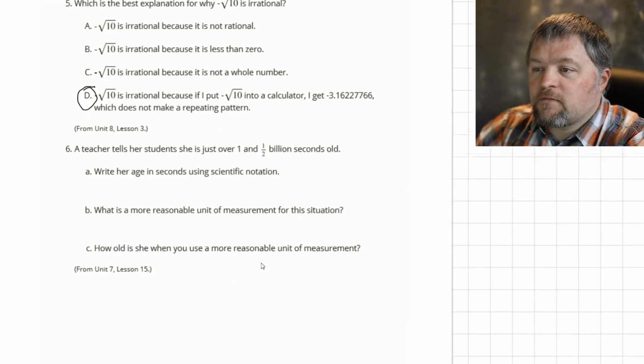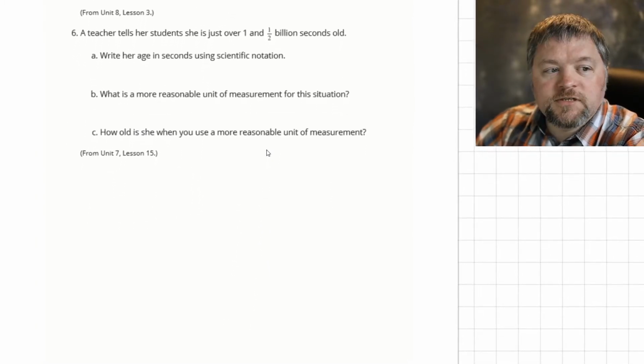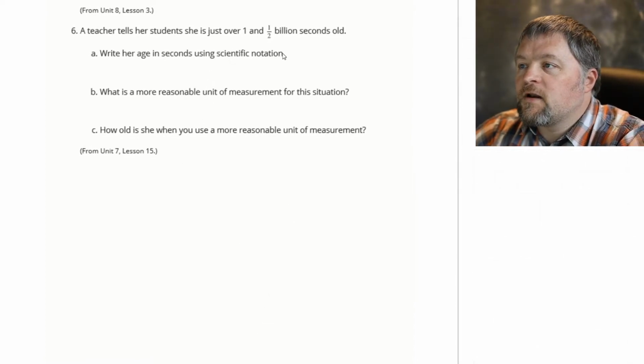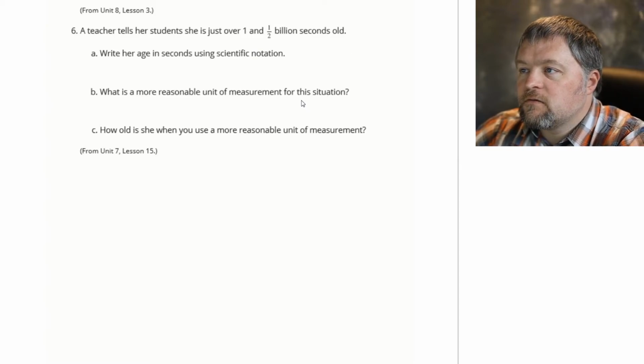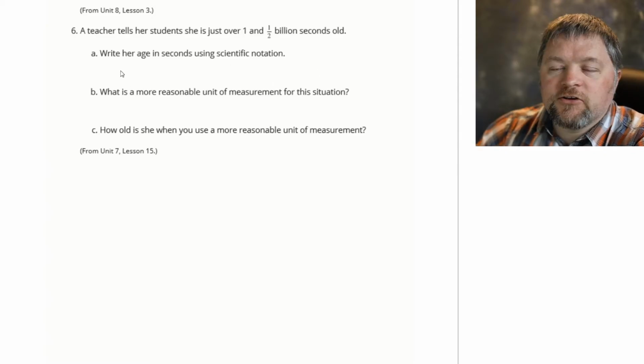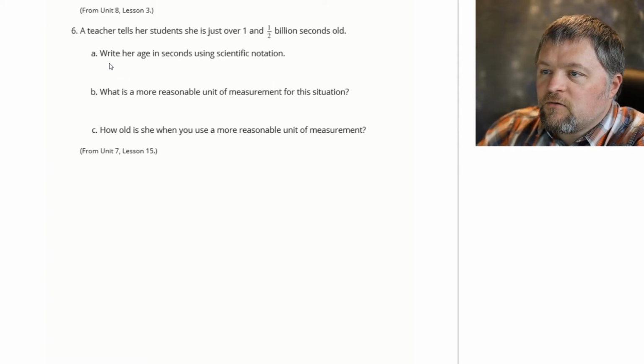Okay, our next problem here. A teacher tells her students that she is just over 1.5 billion seconds old. Write her age in seconds using scientific notation. Well, let's first write it as a regular number.